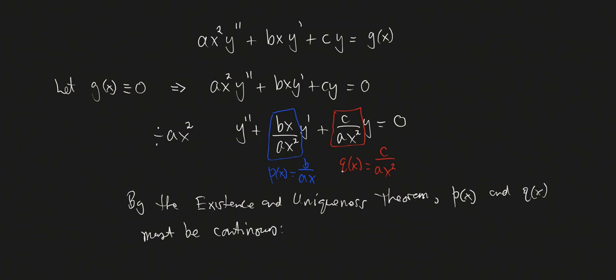Well, both of these functions have at least one factor of x in the denominator. So p of x and q of x are continuous whenever x is not equal to 0. So they are continuous on the interval x less than 0 or on the interval x greater than 0.